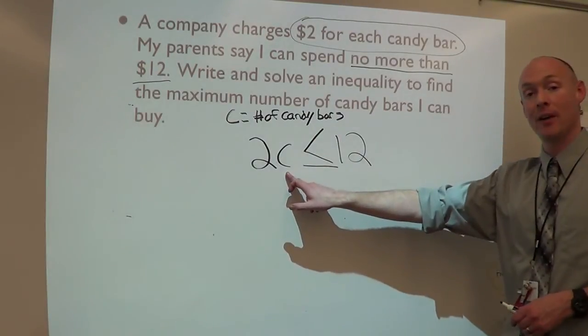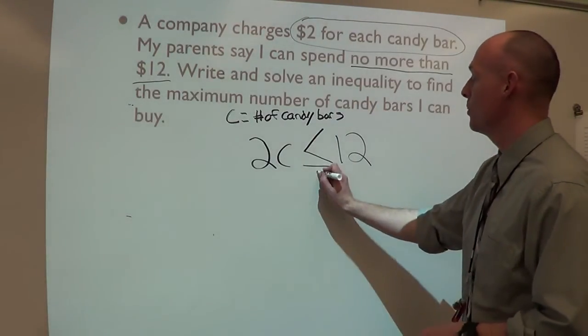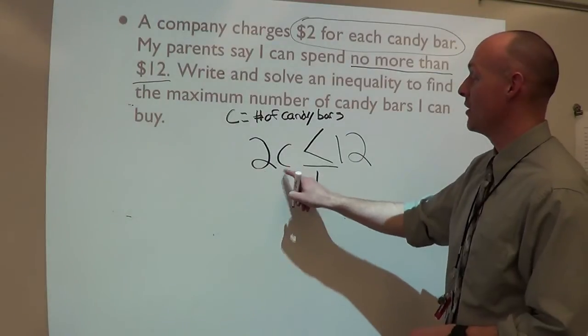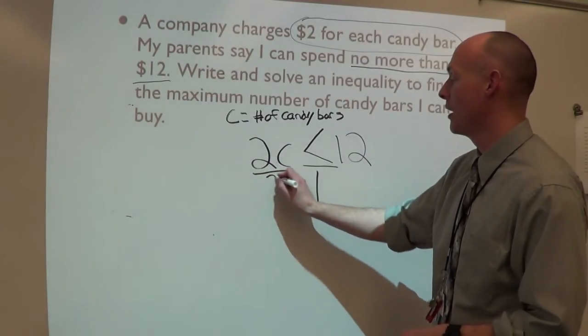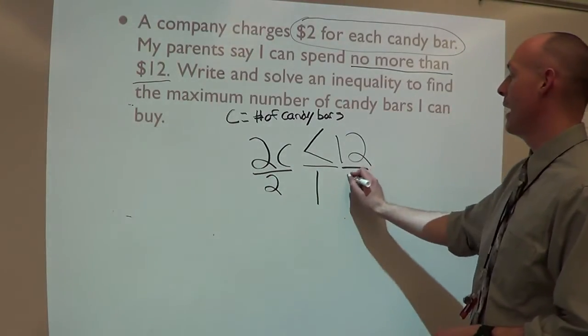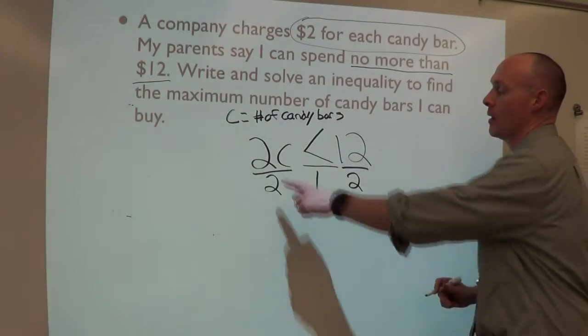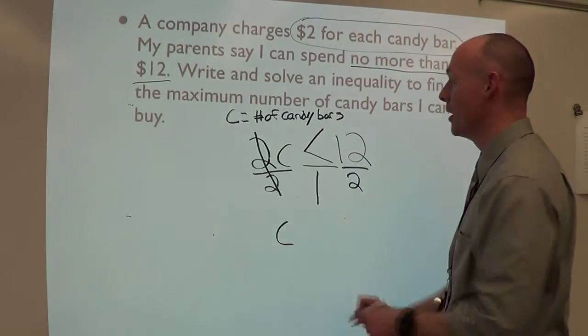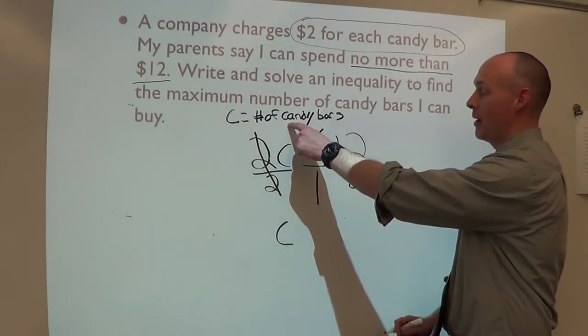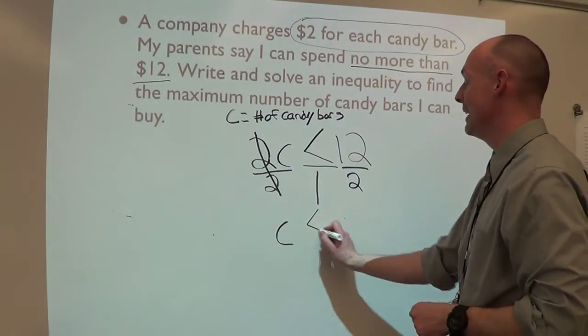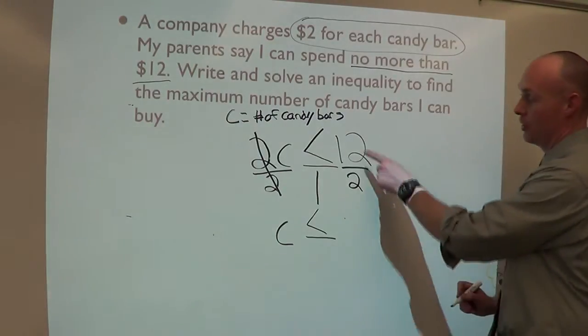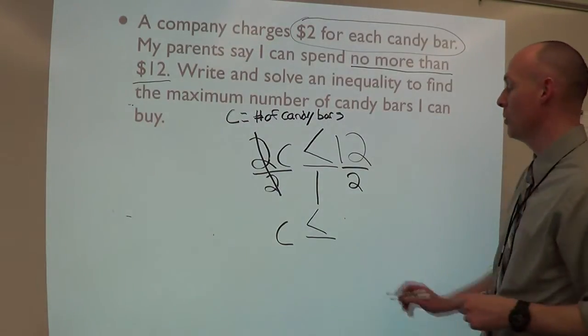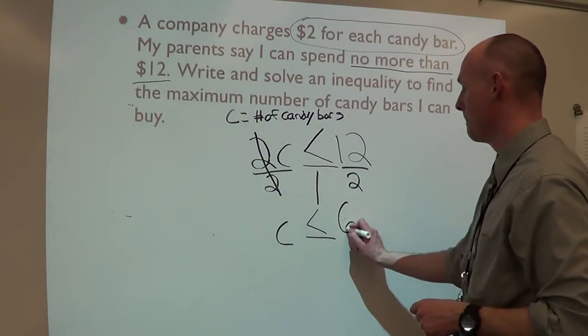Let's solve for that variable. Here I split it, and because it's multiplying by 2, I'm going to divide by 2. Divide by 2. Perfect. These two will cancel, leaving me with C, which is the number of candy bars, is going to be less than or equal to 12 divided by 2, which is 6.